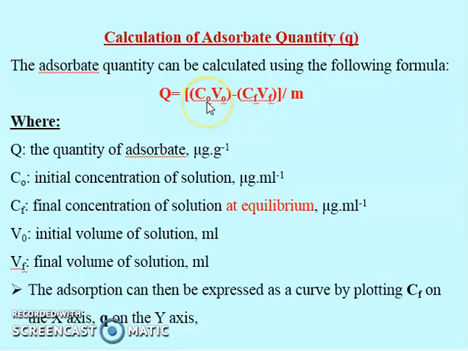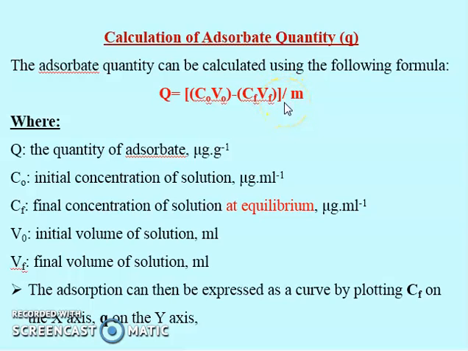You put the initial concentration equal to 10, the final concentration after shaking is 8, the weight of adsorbent is 10, and the final volume is 50. Then it will be 10 minus 8 equals 2, multiplied by 50, which is 100, over 10.